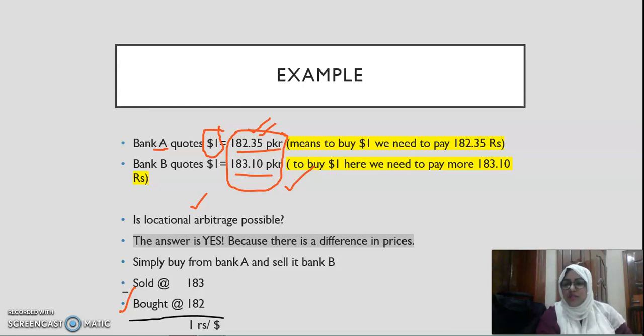It's very clear that we paid less, we got more, and the benefit is here. So this is a locational arbitrage example. I have just ignored the 0.35 and 0.10 from the quotes, just to make it simple and help you understand. So this is how arbitrage works.